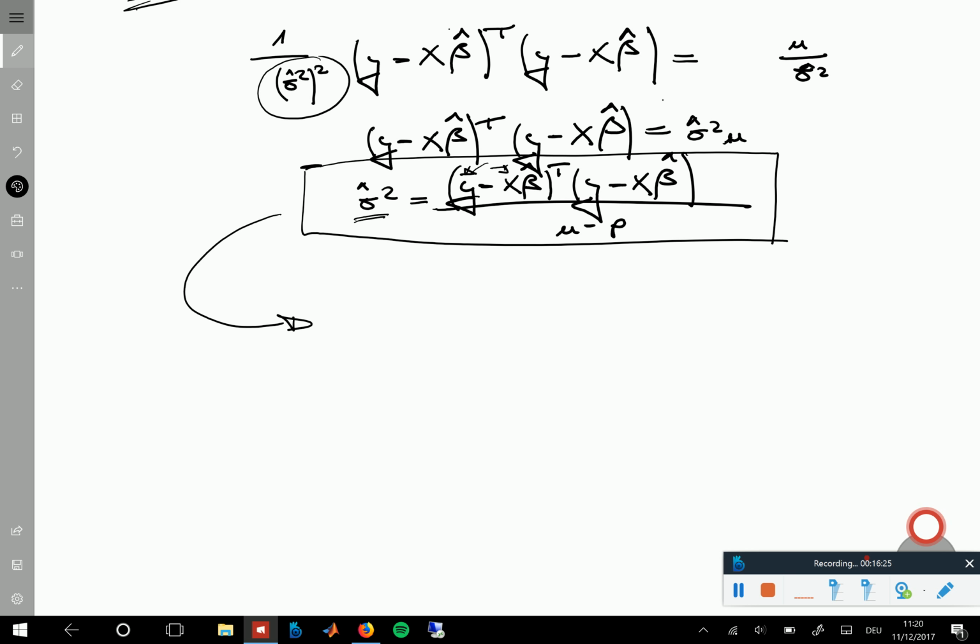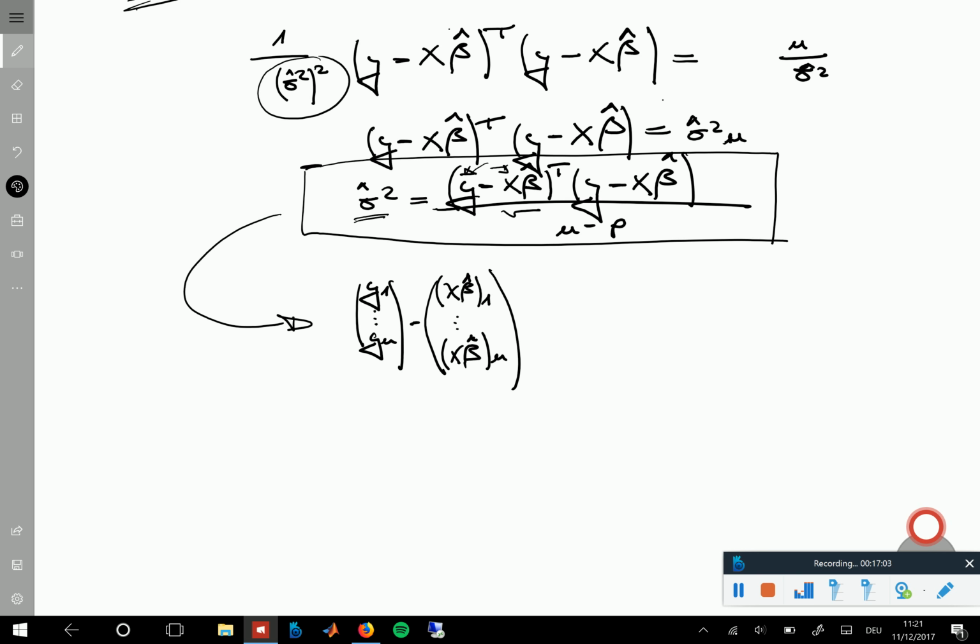If you look at it like this, your y is a long vector with n entries. This is your prediction that you make based on your estimated parameters, so it also consists of n entries. It's like the expectation parameter. It's also n-dimensional. It's not a matrix or something, it's just a vector.